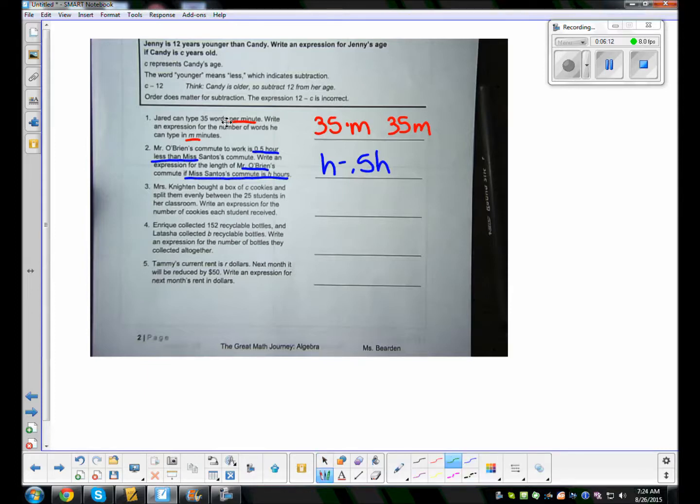Number 3, Mrs. Knighton bought a box of C cookies and split them evenly between the 25 students in her classroom. What a nice teacher. Write an expression for the number of cookies each student received.